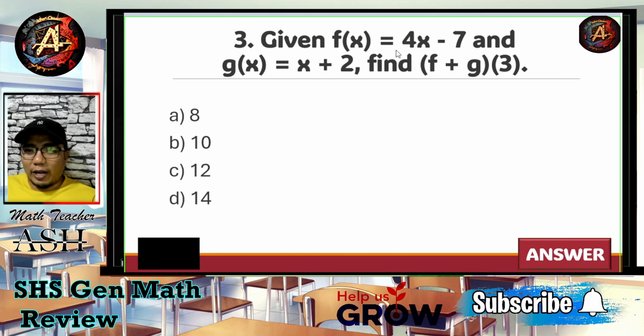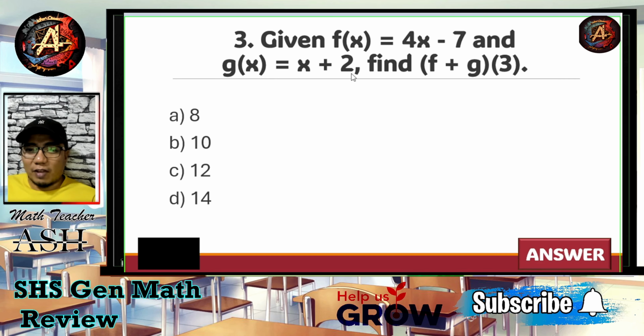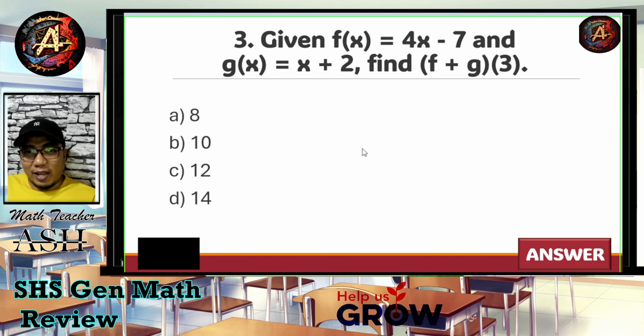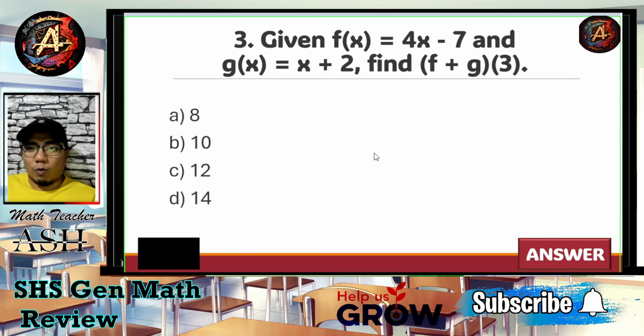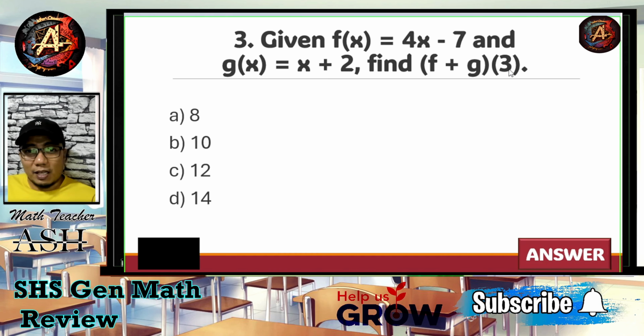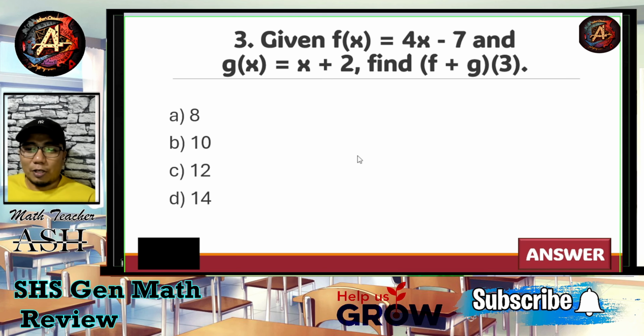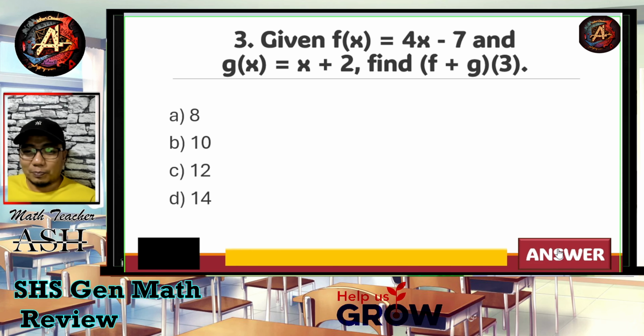You add 4x plus x, that would be 5x. You add negative 7 plus 2, that would be minus 5. So you have 5x minus 5. Now, inputting the value of 3 in the 5x minus 5, that would give you 5 times 3, 15. 15 minus 5 would be letter B, positive 10. Let's check whether we are correct.